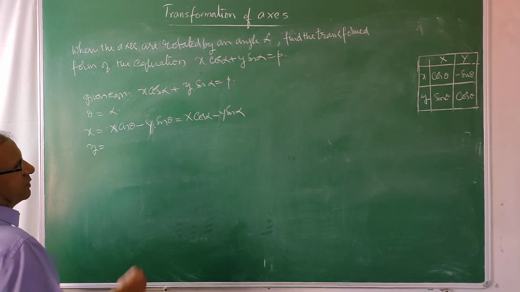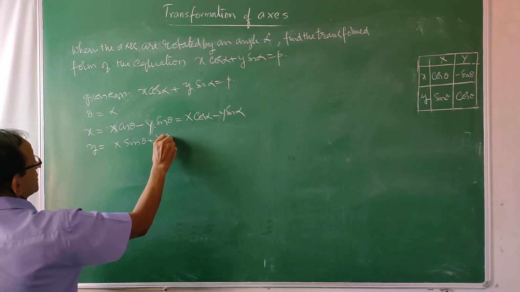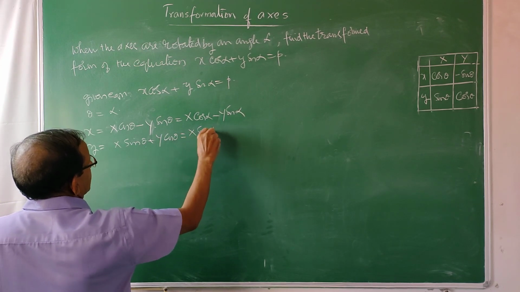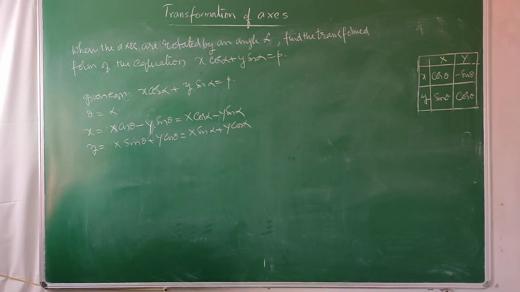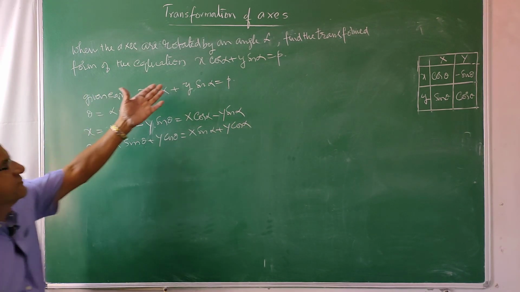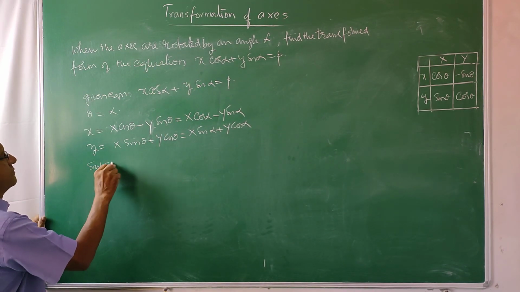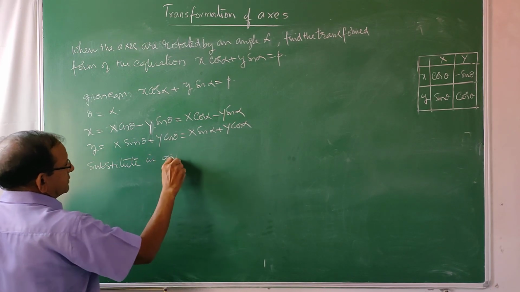Small y is equal to X sin theta plus Y cos theta. Because theta is alpha, X sin alpha plus Y cos alpha. Now substitute these values in the given equation.